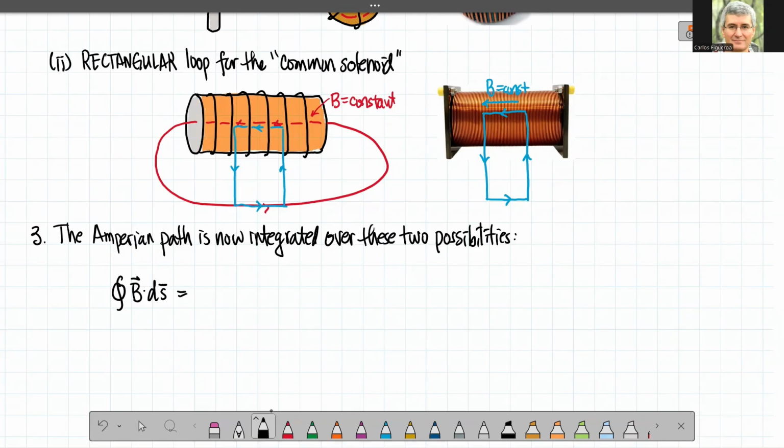In other words, I'm going to get plus or minus B where I'm integrating over this path. And so that means I'm going to get this, and this is going to be my Amperian length. As we will find out, there's only two possibilities. So it's got to be plus or minus B times 2 pi r.